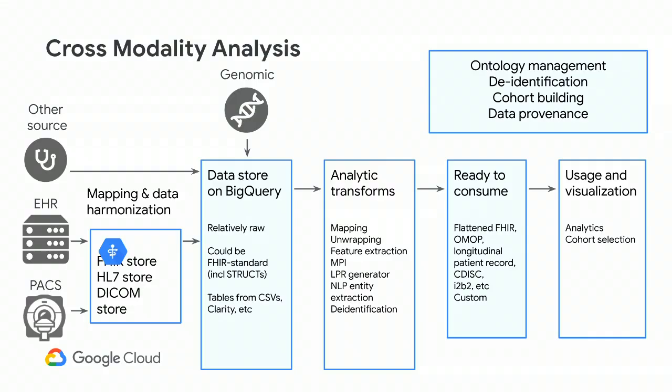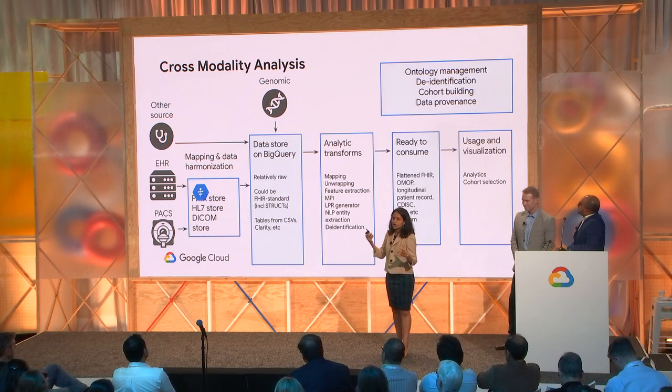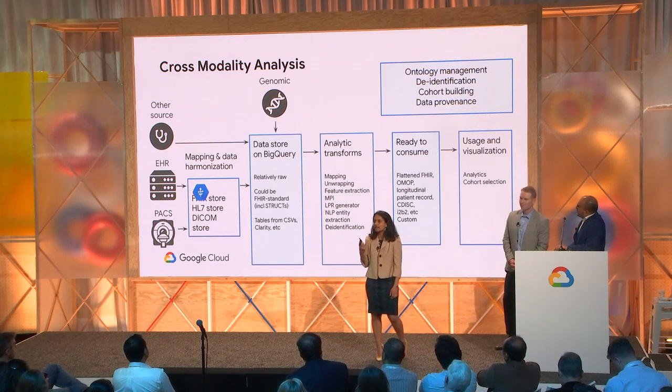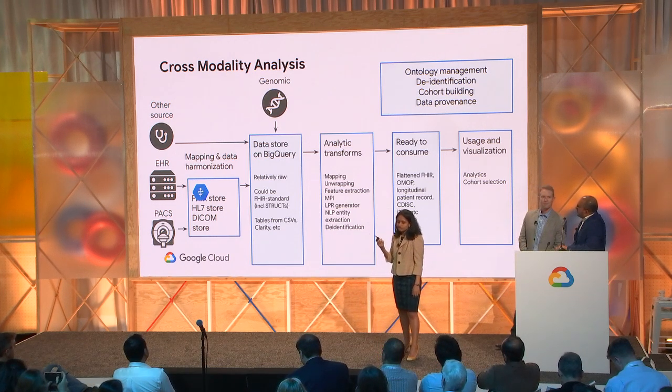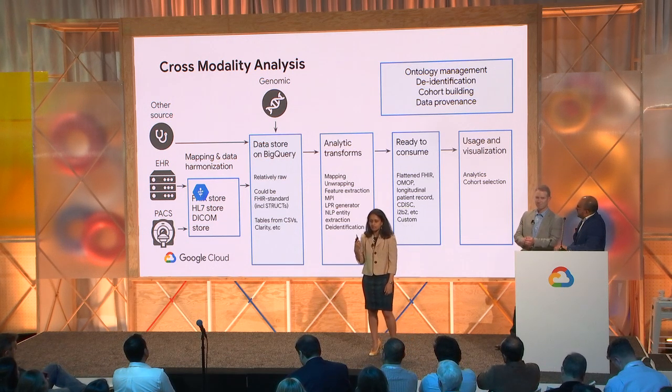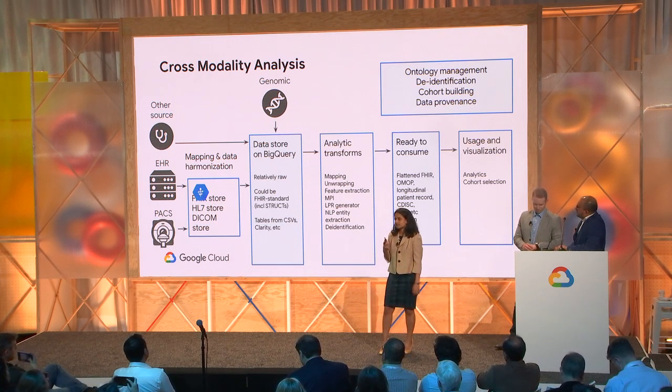And taking it one level further, you've got all these different sources and different types of data, so how do I really do cross-modality analysis? How do I blend, for instance, genomics data in the future with the data that's coming from FHIR, HL7, DICOM, and so on?